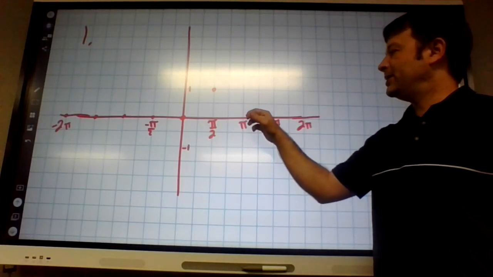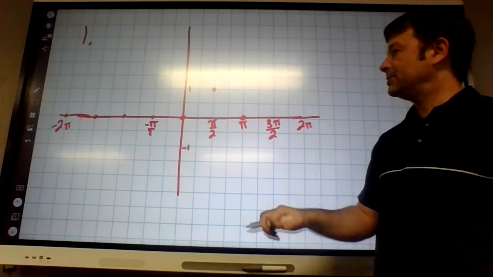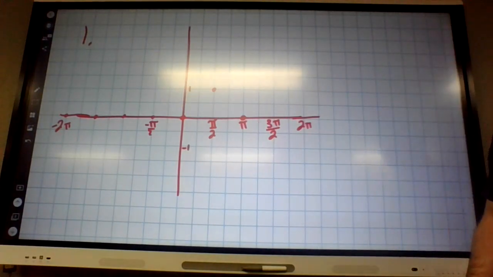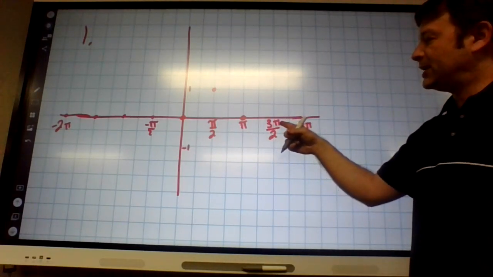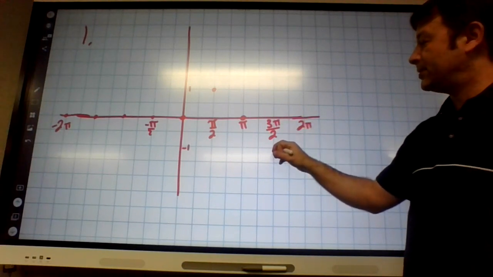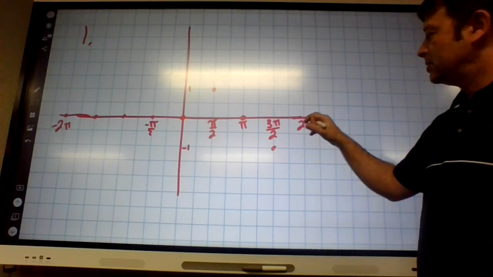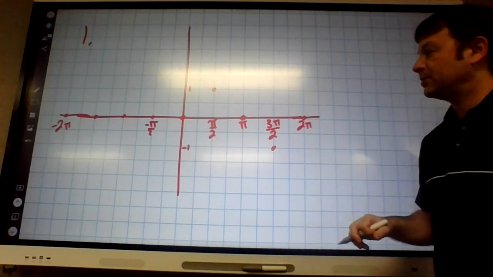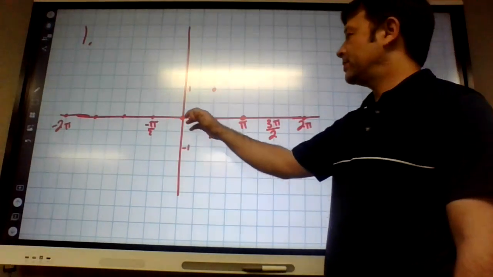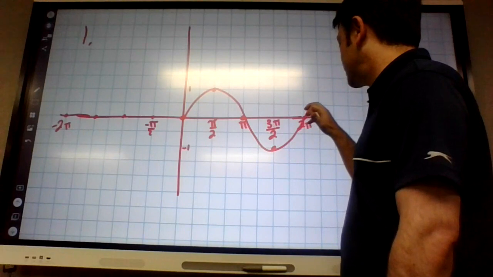Sine of pi, or sine of 180, goes back down to 0 again. You could plug these in your calculator, like sine of 180, it'll spit out 0. Sine of 270 or sine of 3 pi over 2 is down to -1. And then guess where sine of 2 pi is? Back up to 0. So the graph looks kind of like this.